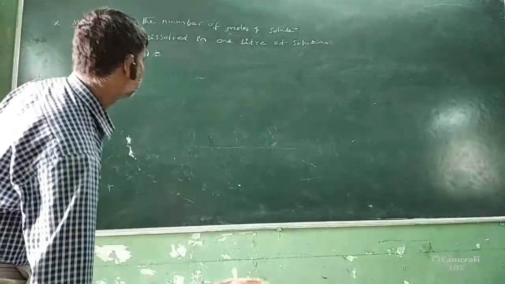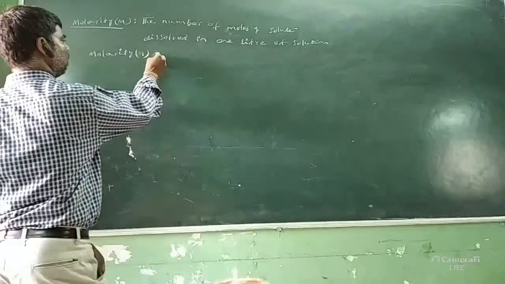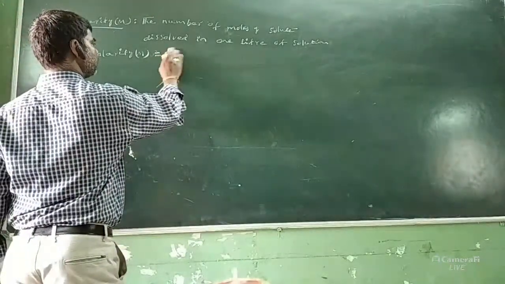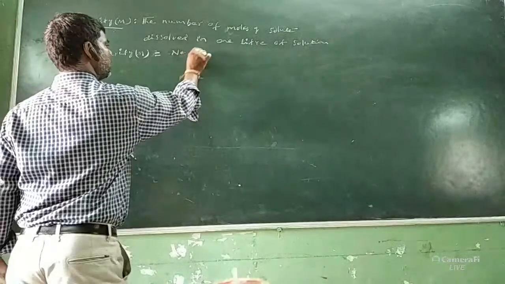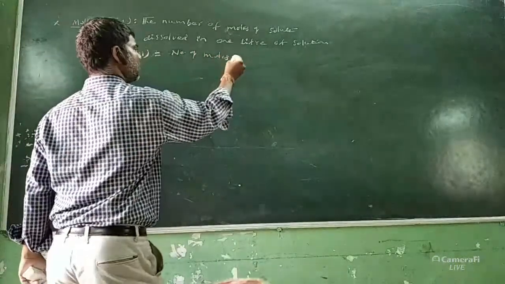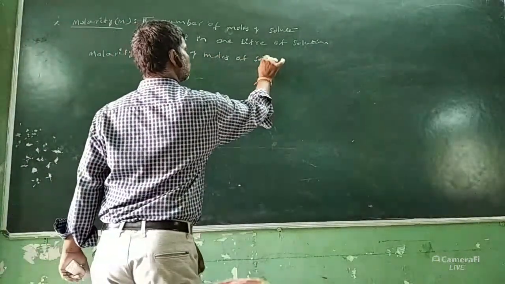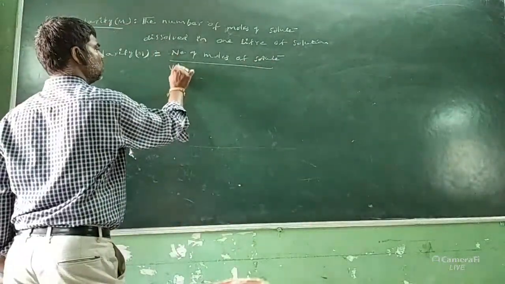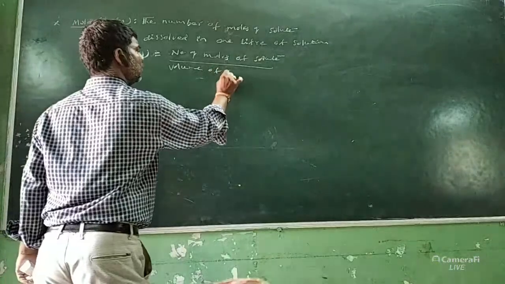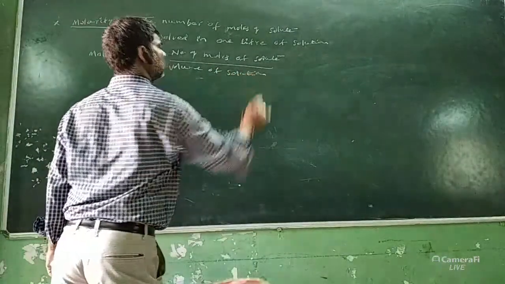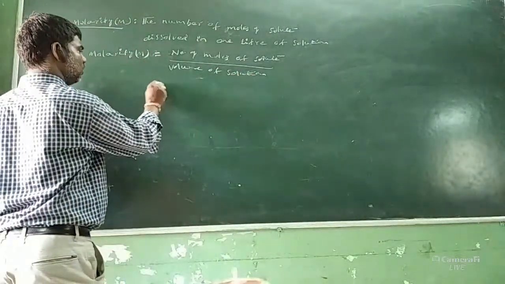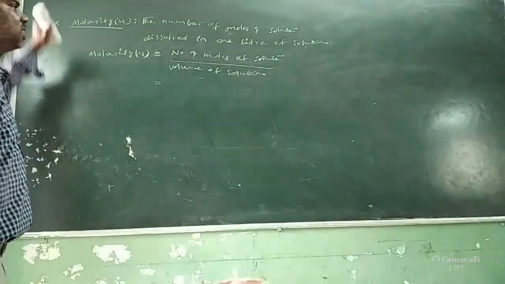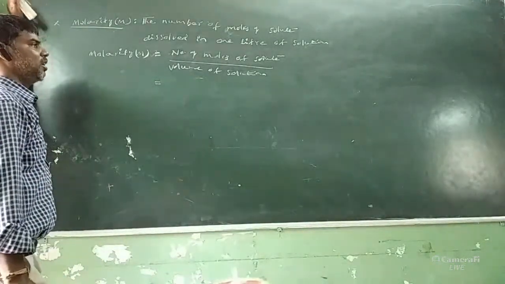So the molarity is equal to the number of moles of solute by volume of solution. Here the number of moles is taken as weight by gram molecular weight.